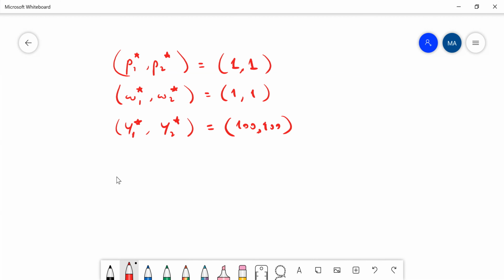Now, if you do the math, you can eventually solve this system by hand, because this is a simple version. But the idea is to use, of course, a computer program to do it.